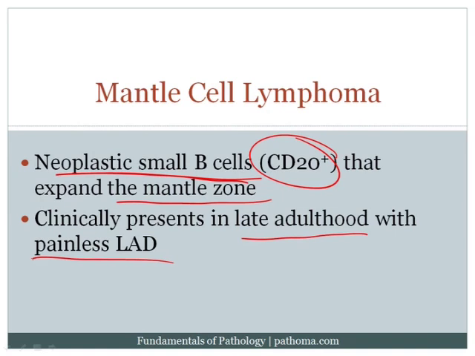One of the classic descriptions on examination is that the examiners could tell you that there is a neoplastic proliferation of cells that expands the region immediately adjacent to the follicle. That region is obviously the mantle, and so that would be a mantle cell lymphoma. So that's a nice way that examiners might try to describe the tumor.